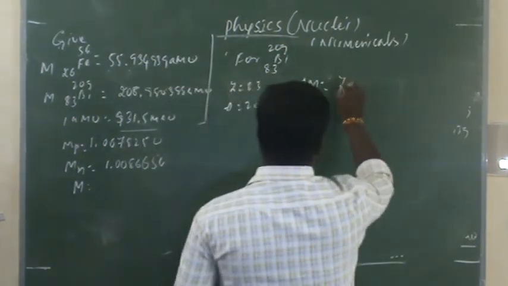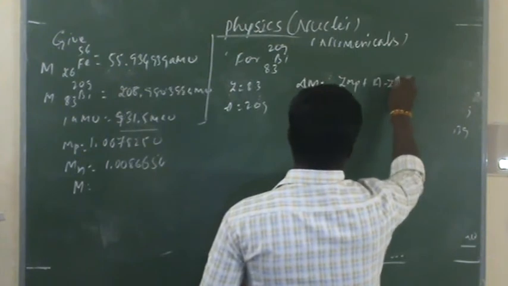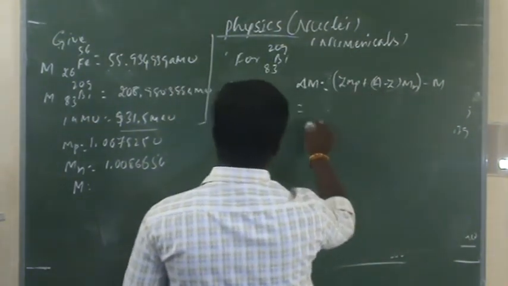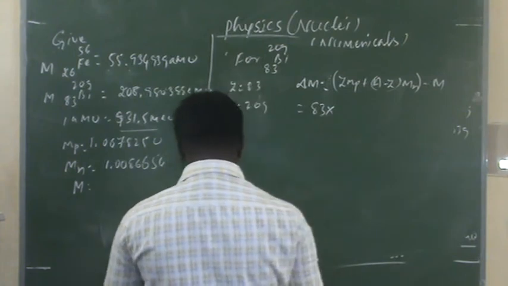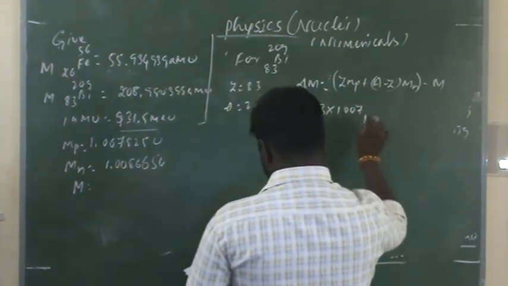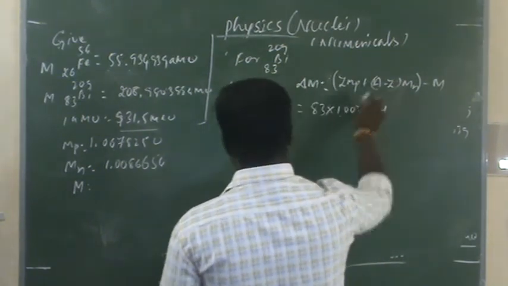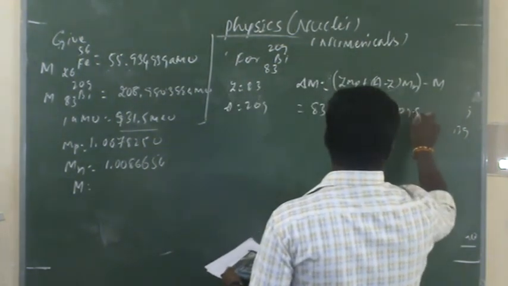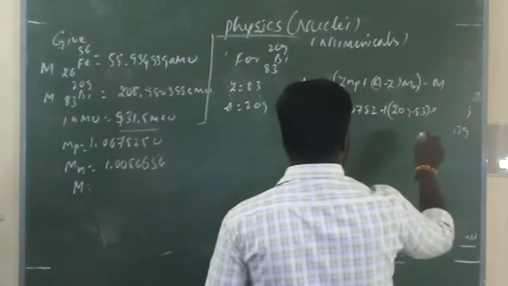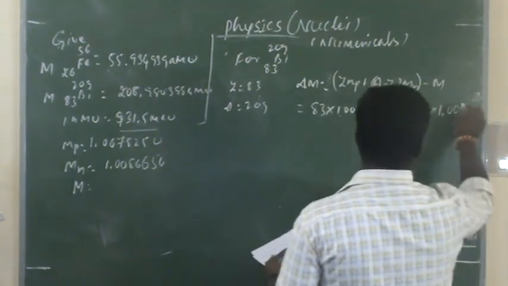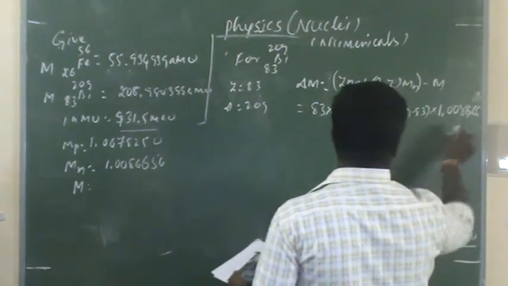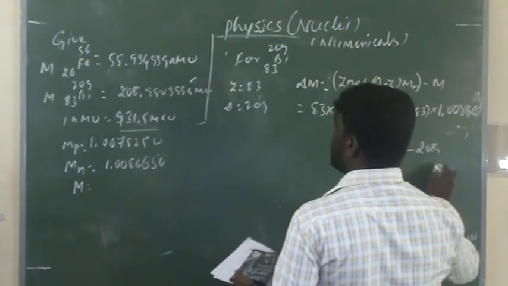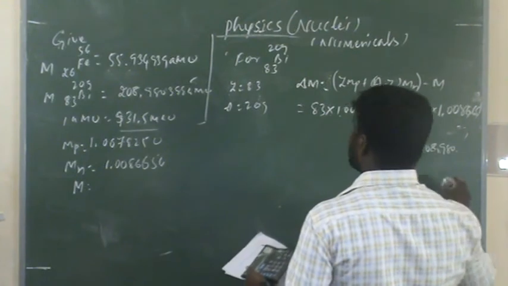So Z is 83 into mass of the proton 1.00782, plus A minus Z, that is 209 minus 83, into mass of the neutron 1.008665, minus the rest mass of the nucleus, 208.980388.